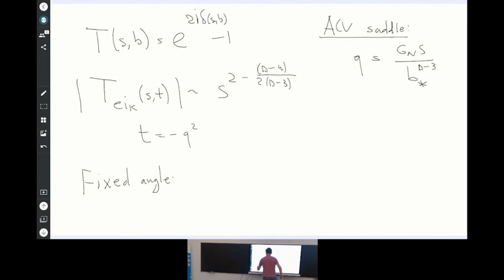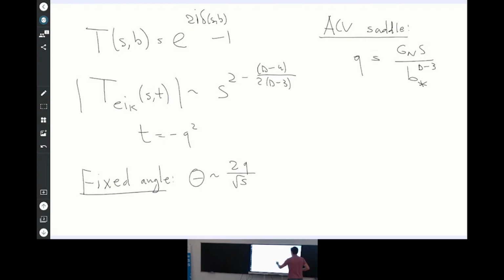Again, I will just do this computation. At fixed angle and high energies, let me take the angle to be fixed and small. We have theta of order 2q over square root s. This simply follows from the definition of the exchange momentum.